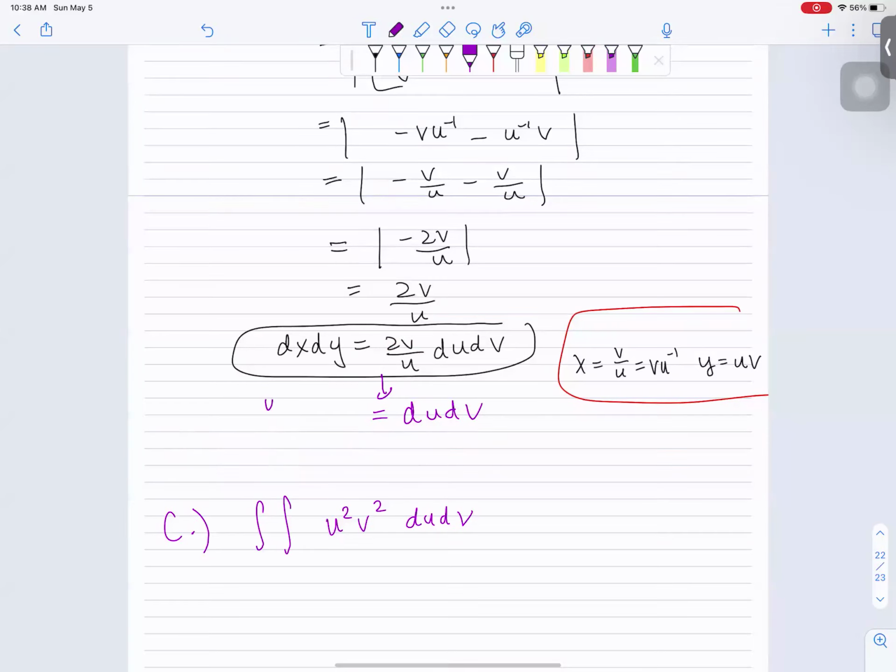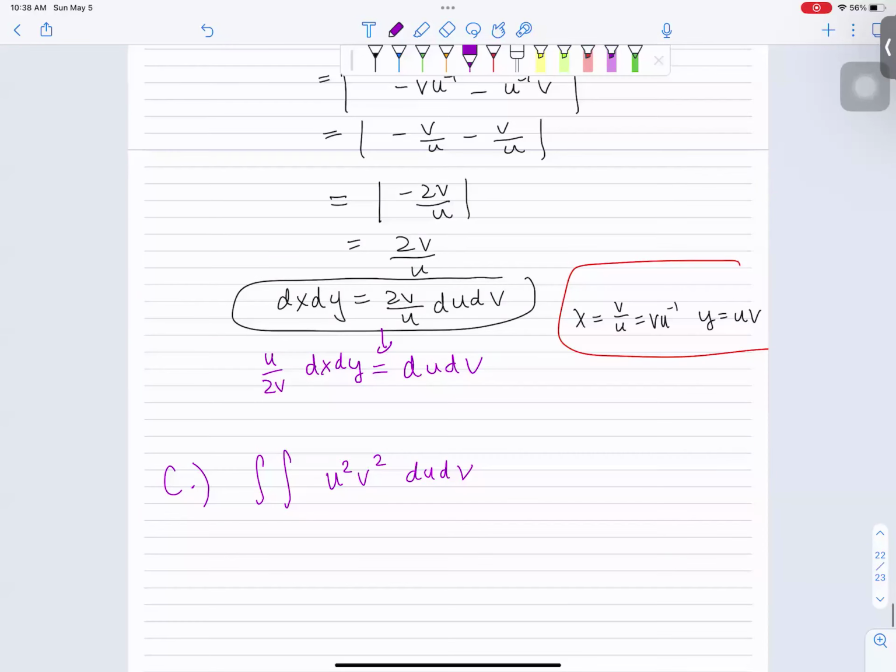So I get u over 2v times dx dy. So du dv is u over 2v dx dy. And for now, let me keep the u squared v squared here also.